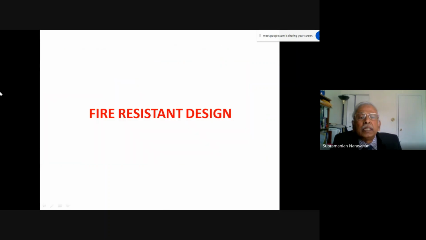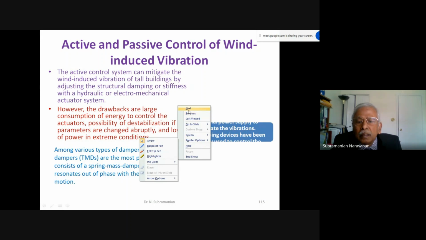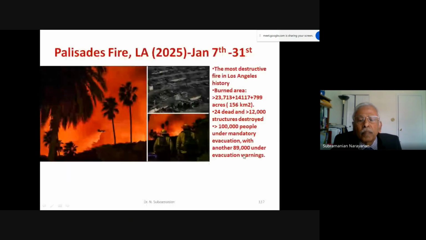So this is the recent Palisades fire in Los Angeles, which happened from January 7th to 31st of this year. This is the most destructive fire in Los Angeles history.